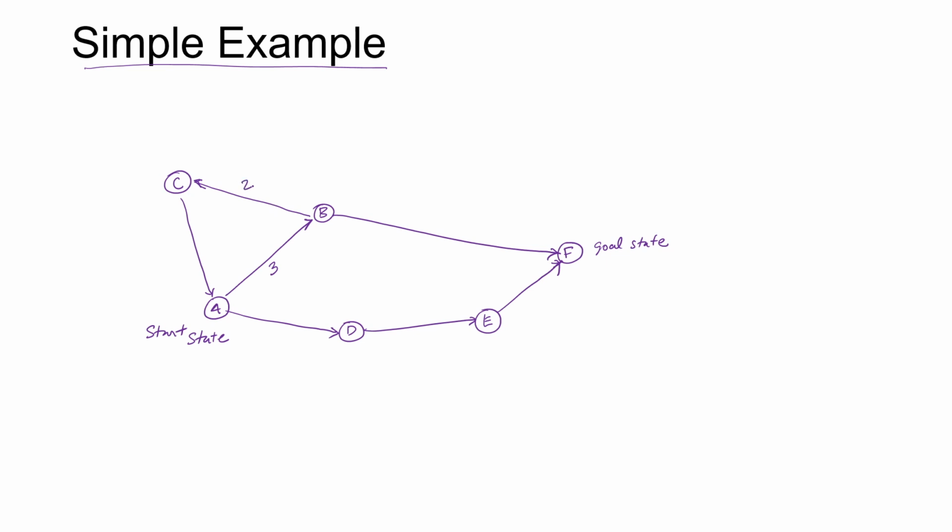B to C takes 2, C to A takes 2, A to D takes 3, D to E takes 4, E to F takes 4, and B to F takes 9. So this is the whole thing. Your aim is to start at A and reach F.